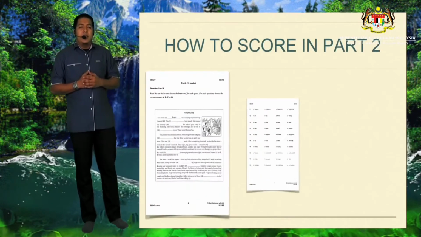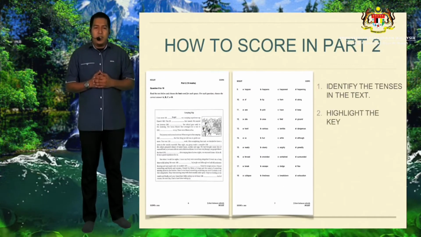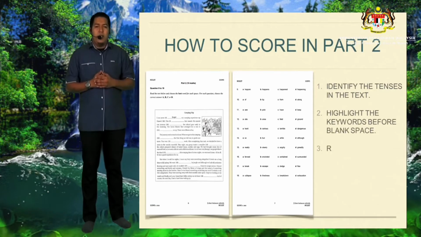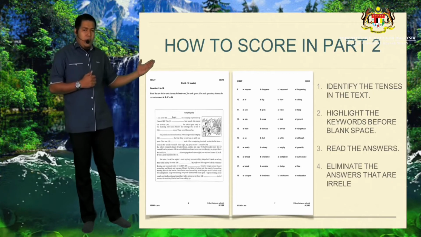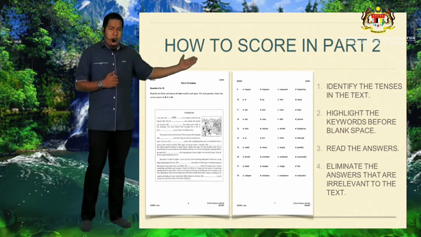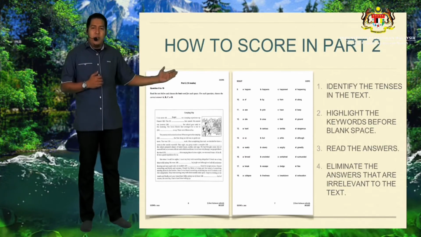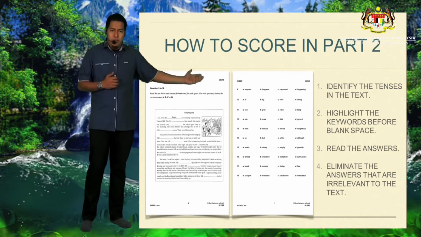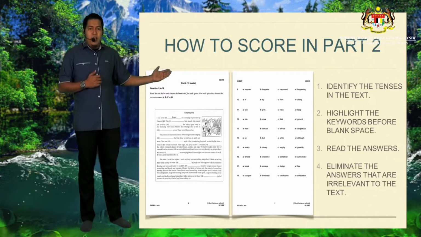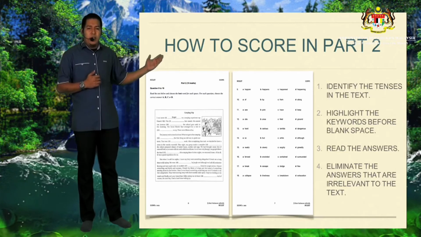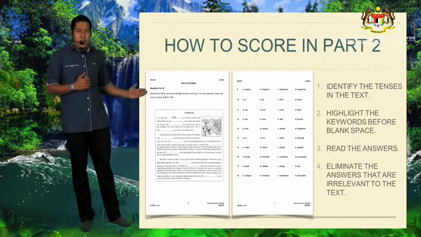Now we look at sample questions for part 2. There are 2 images here, which are the sample question paper for SPM 2021. For this paper, you have to look carefully at the requirements and the instructions.